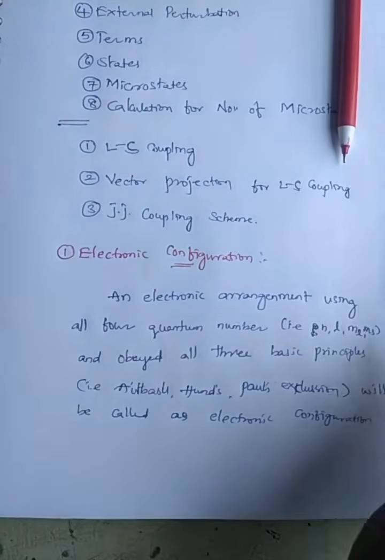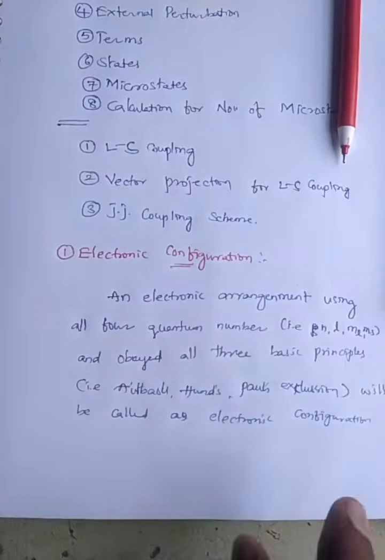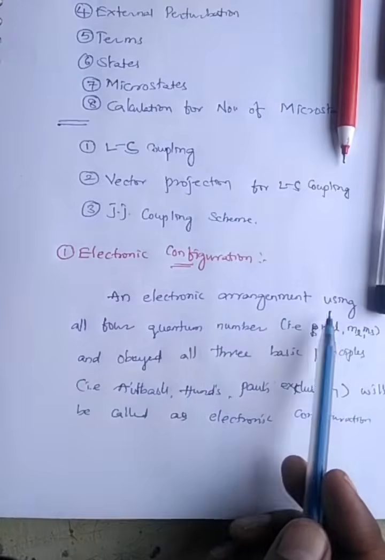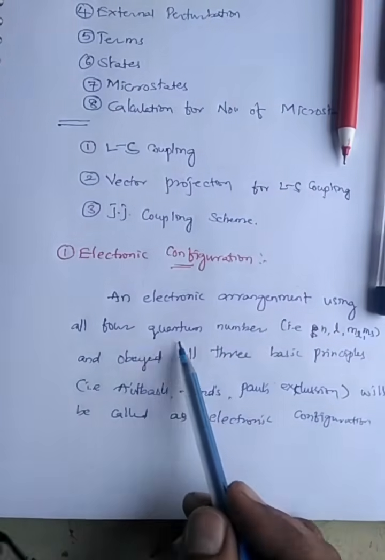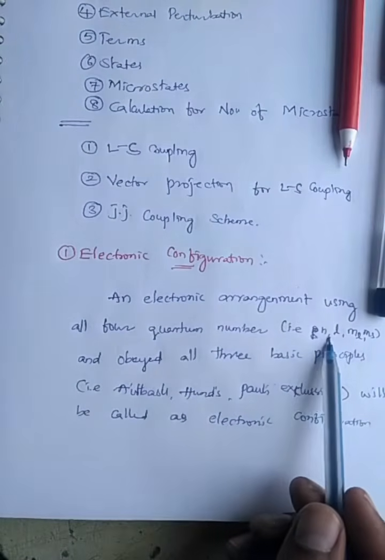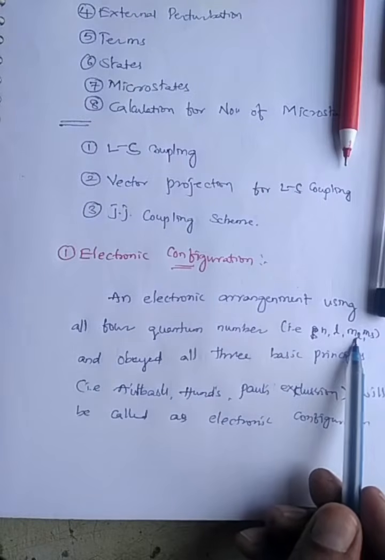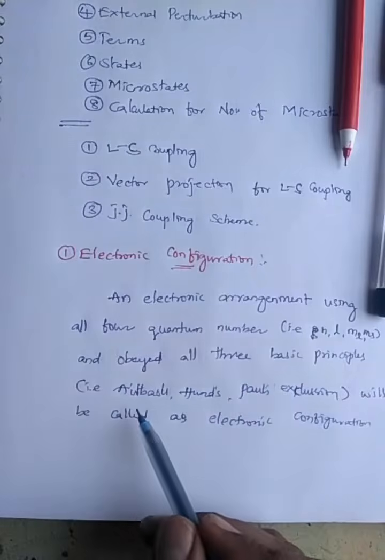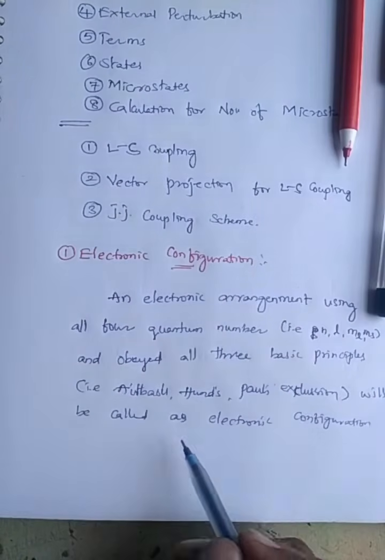Right. The definition will be like this: an electronic arrangement which uses all 4 quantum numbers of principal, azimuthal, magnetic and spin, and obeys all 3 fundamental rules of Aufbau, Hund and Pauli exclusion.